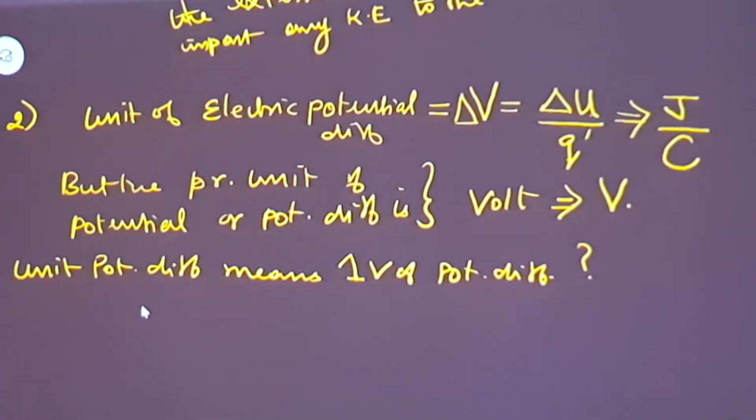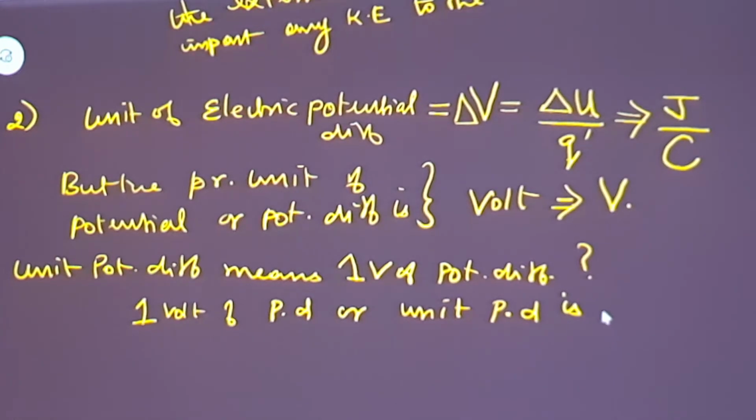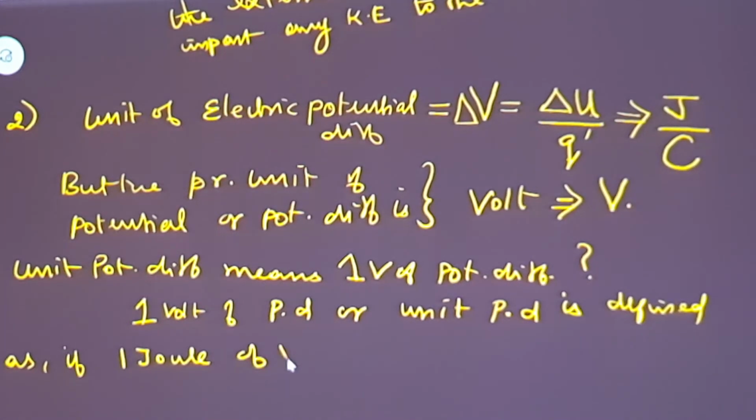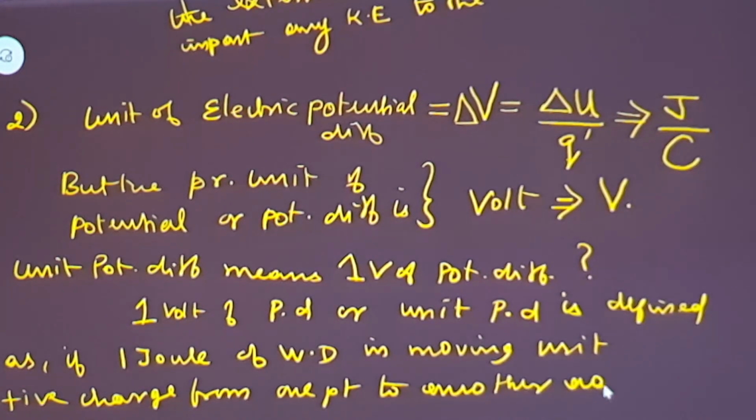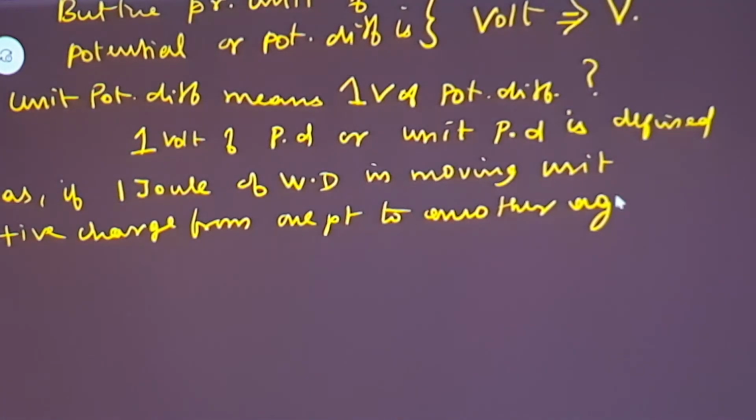What do you mean by unit potential difference? 1 volt of potential difference or unit potential difference is defined as: if 1 joule of work is done in moving a unit positive charge or test charge from one point to another against the electrostatic force of repulsion.